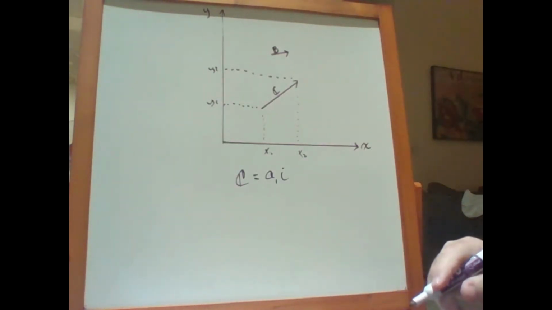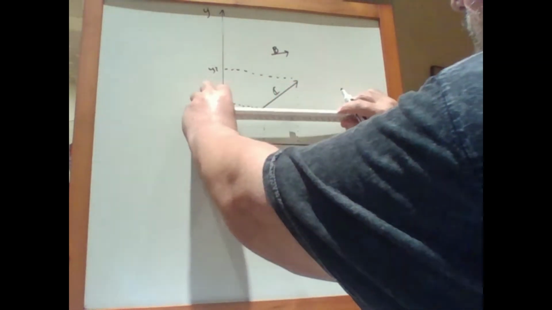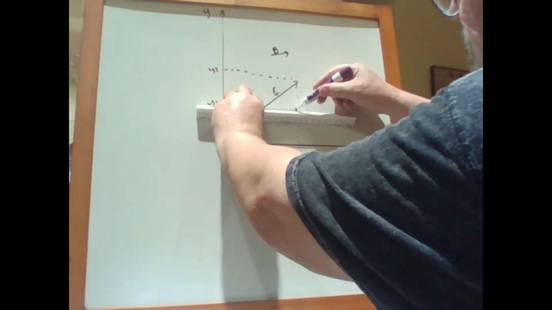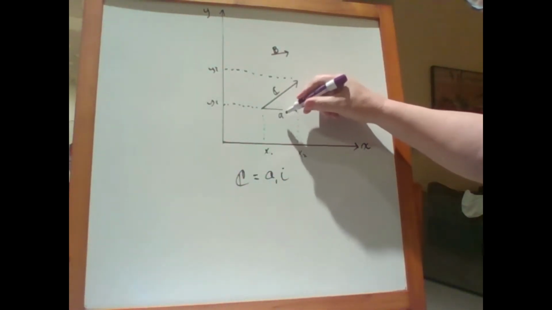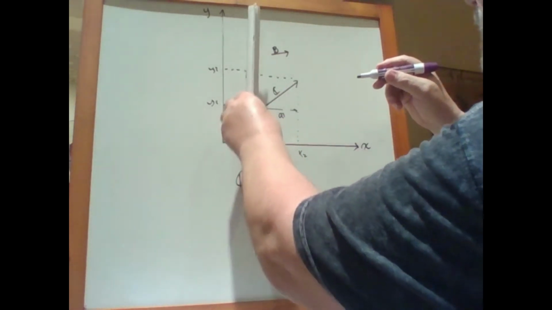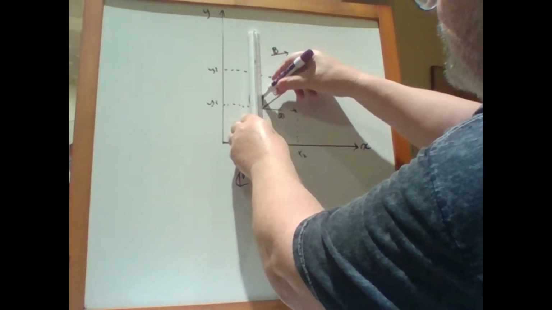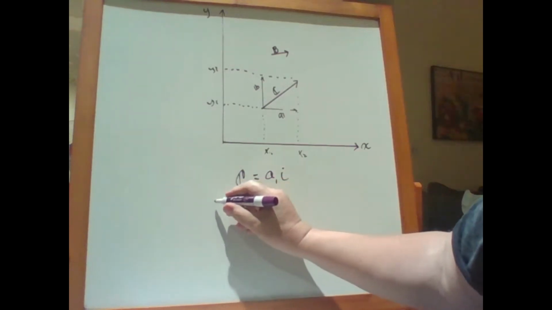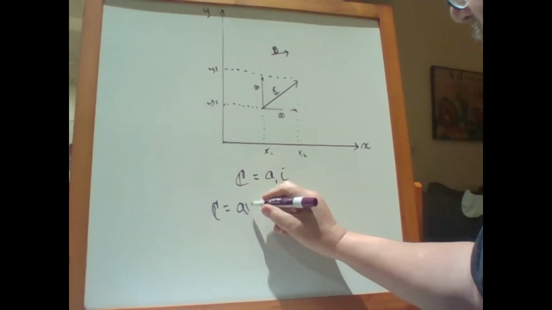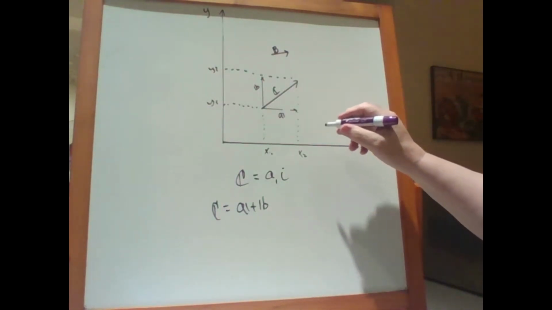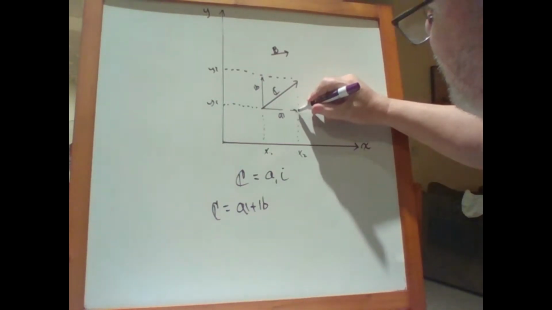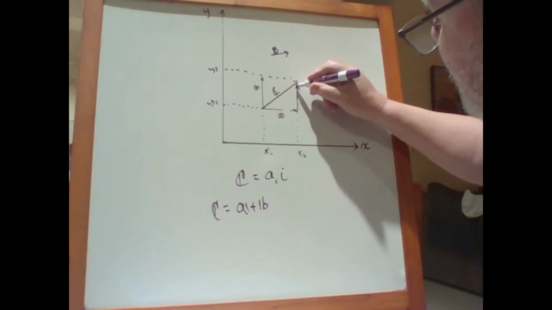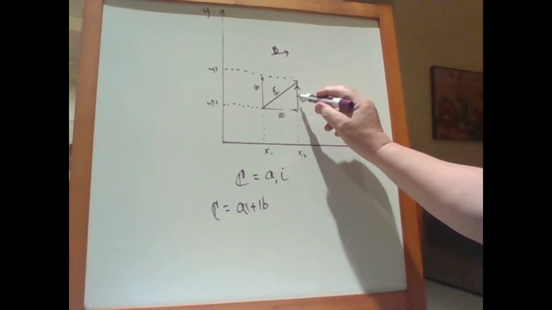So C here is made of a component in the x direction we will call A, and also a y component we'll call B. And C then we say is equal to A plus B. And how we would represent that is if we took A in this direction and we added that to B. So B here is the same.